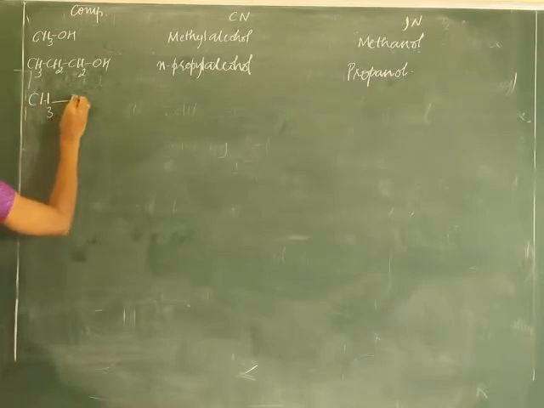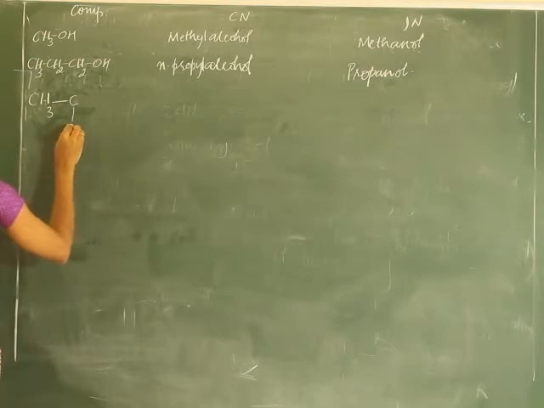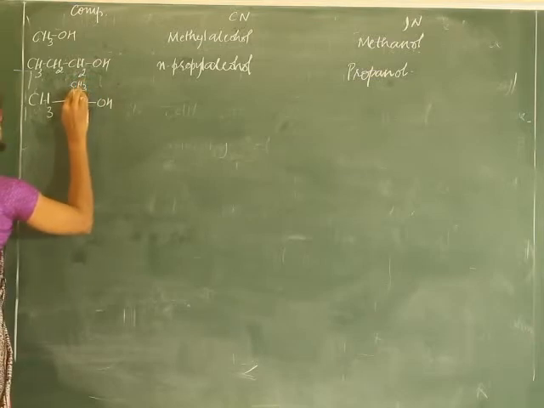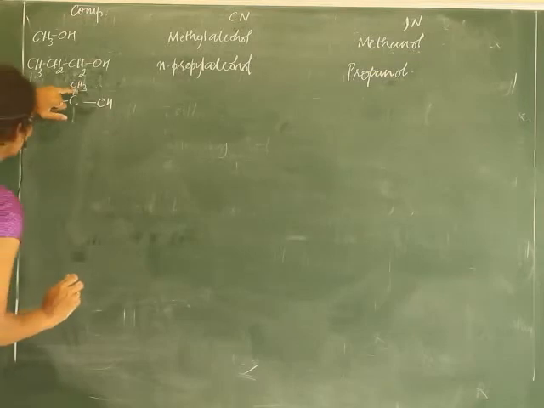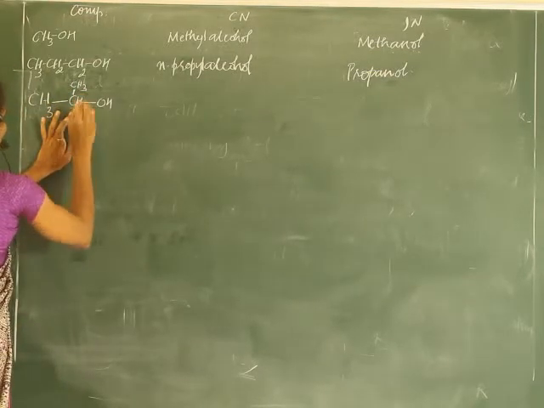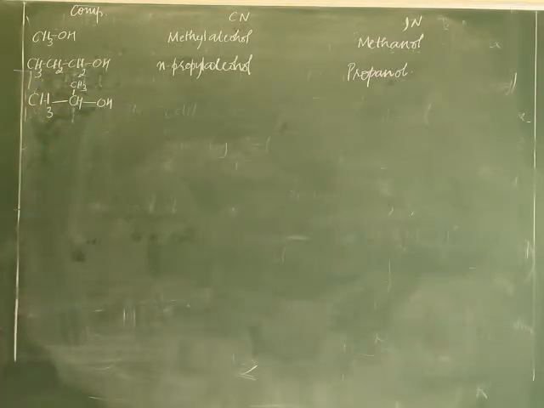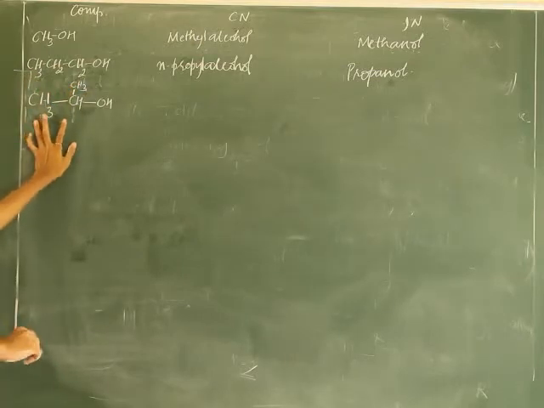Next is another compound, CH3, CH3, and to this carbon the OH group is attached. See, here 3 carbon atoms are there, here also 3 carbon atoms are there.